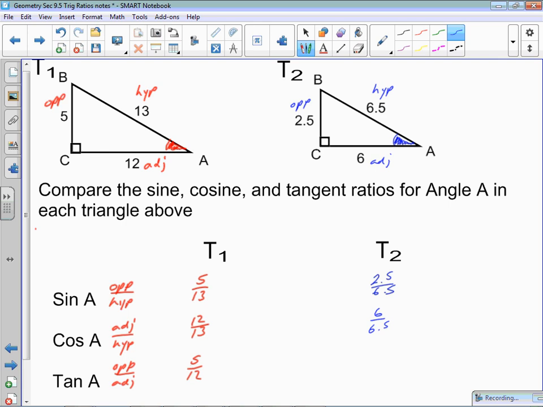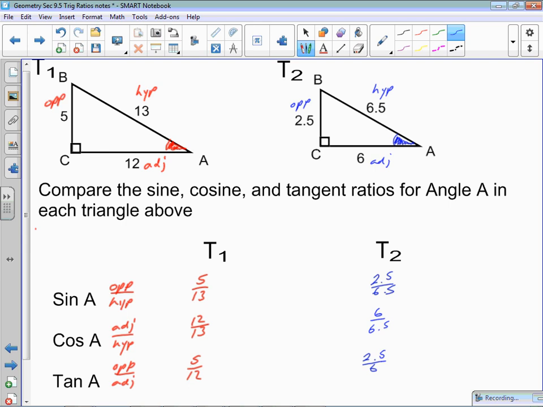And then the tangent of A, opposite over adjacent. All right, so when we compare those, it may not make much sense when you look at them as fractions, but a lot of times when they ask for the sine, cosine, or tangent, they'll want it in a decimal answer.